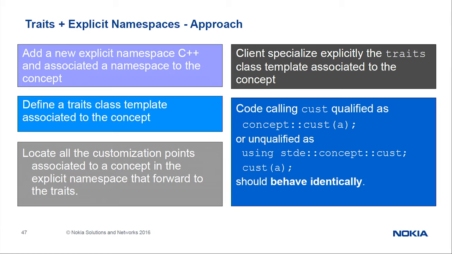And we will respect the same thing as the current proposal of new customization points. Either we use it this way or this way, the behavior is the same, and we ensure that the customization of the user is always called.